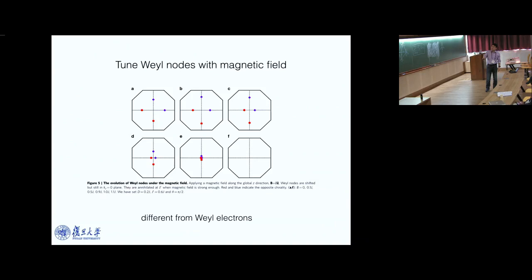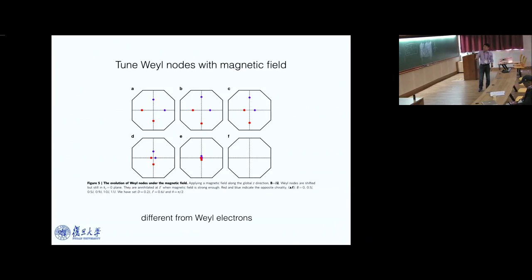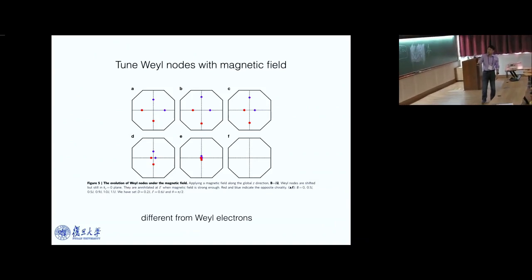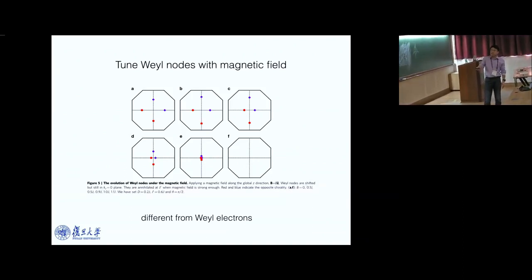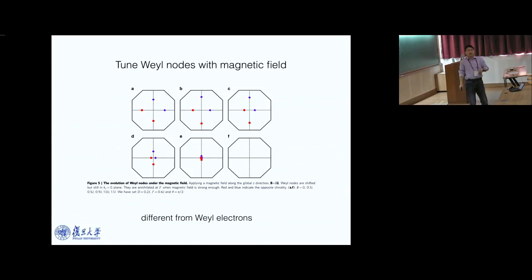Eventually, when the field is large enough, these Weyl nodes will meet each other at some high symmetry momentum points, and then they annihilate and disappear. So this gives you a way to physically tune the position and the number of Weyl nodes with the magnetic field.